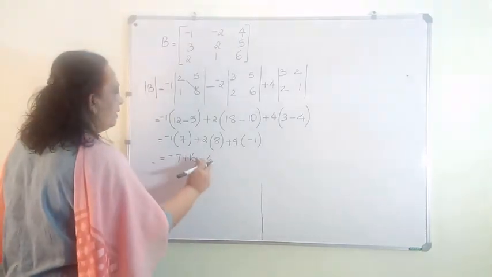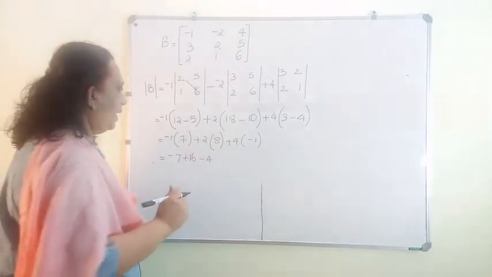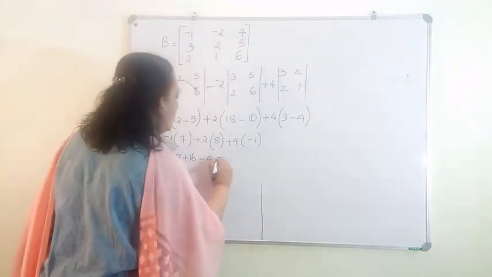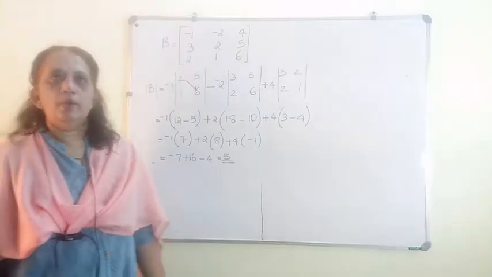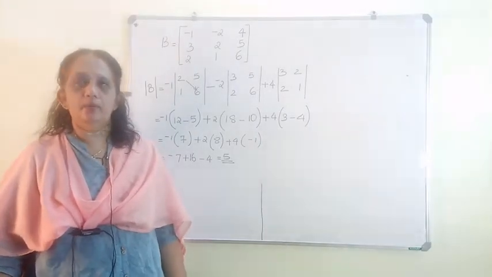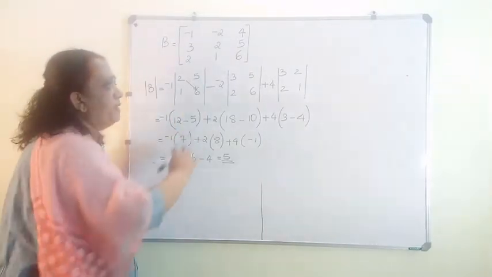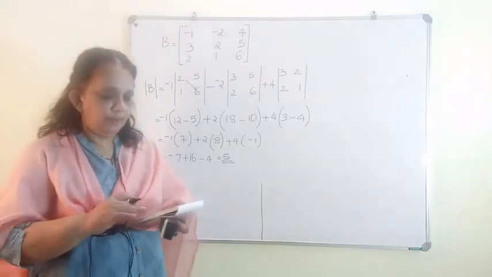So minus 7 and minus 4 is minus 11. Minus 11 plus 16 is equal to 5. So you are getting a positive value. This is how you expand a third order determinant.